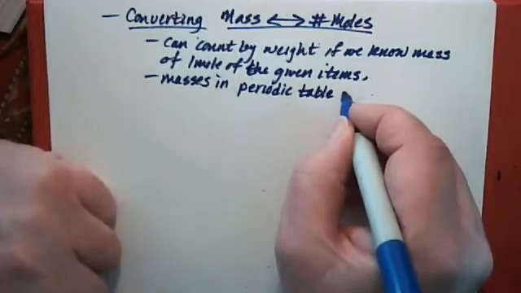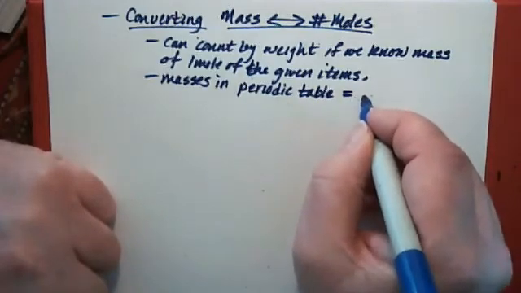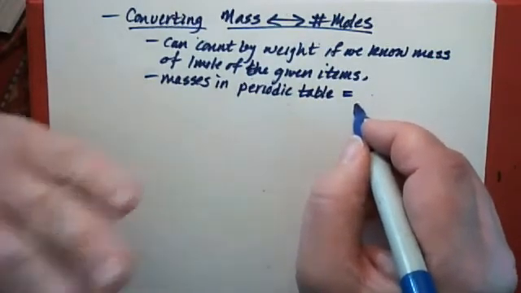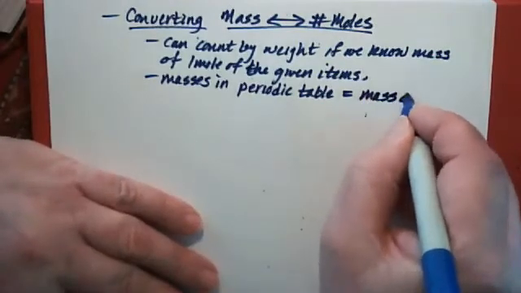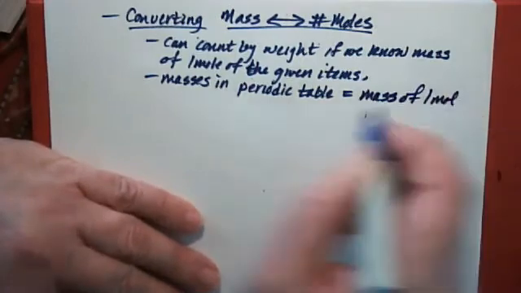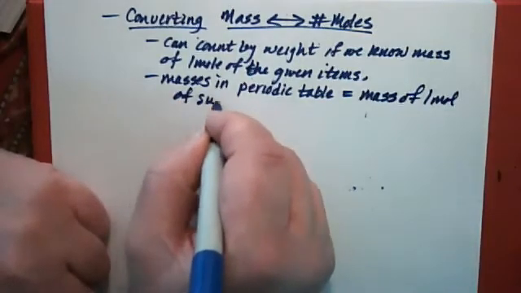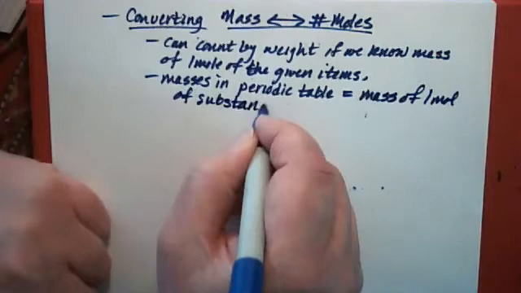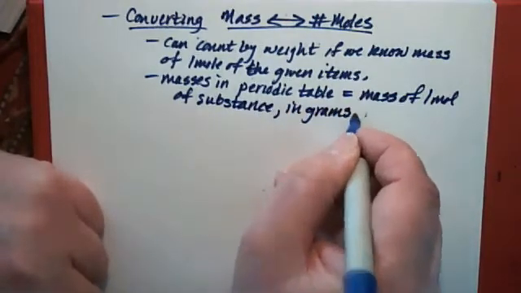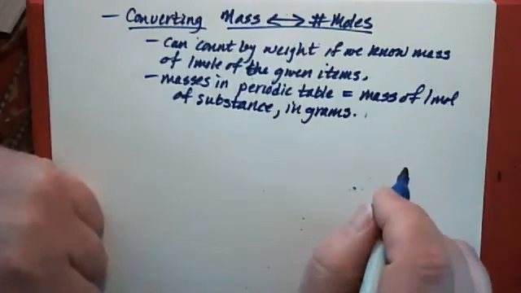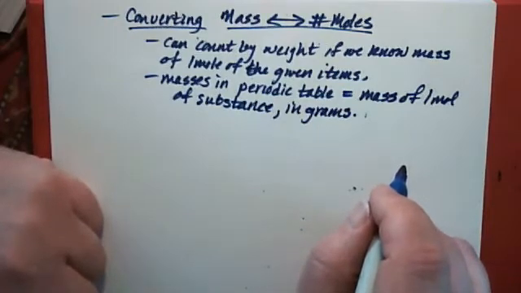So the masses in the periodic table are equal to the mass of 1 mole if read in grams. Okay?